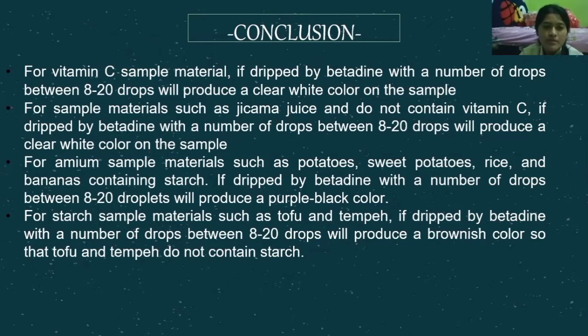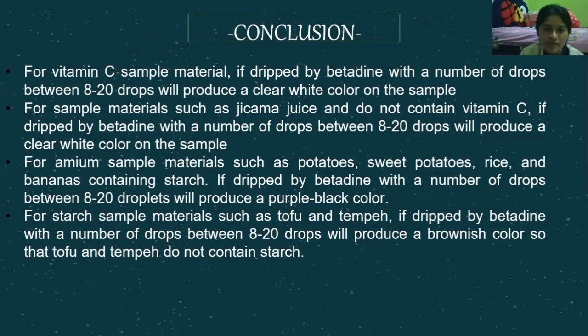2. For sample materials such as jicama juice that do not contain vitamin C, dropping betadine with a number of drops between 8 and 20 will produce a clear white color on the sample. 3. For amylum sample materials such as potatoes, sweet potatoes, rice, and bananas containing starch, if dropped with betadine with a number of drops between 8 and 20, they will produce a purple-black color. 4.